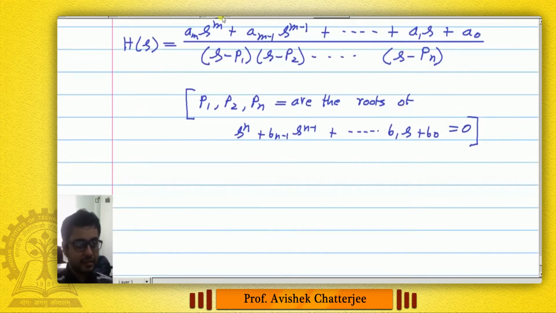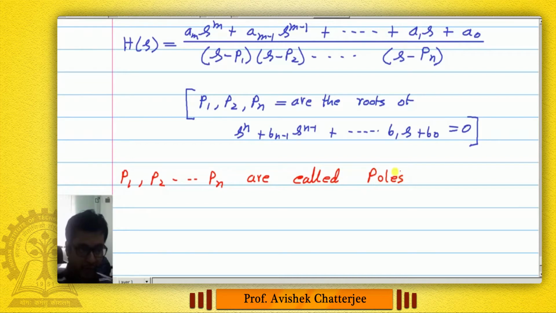These roots p1, p2, ..., pn are called the poles of the system.